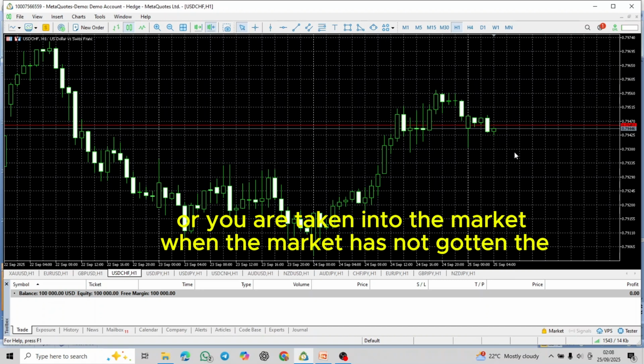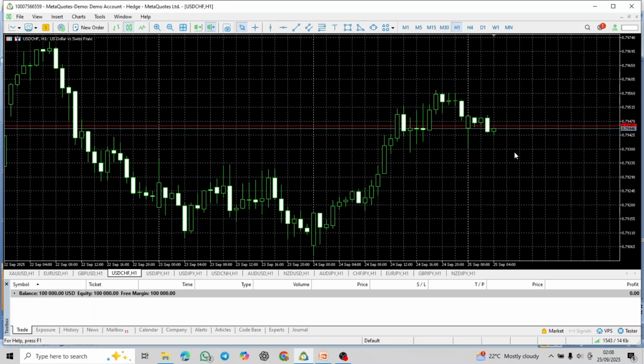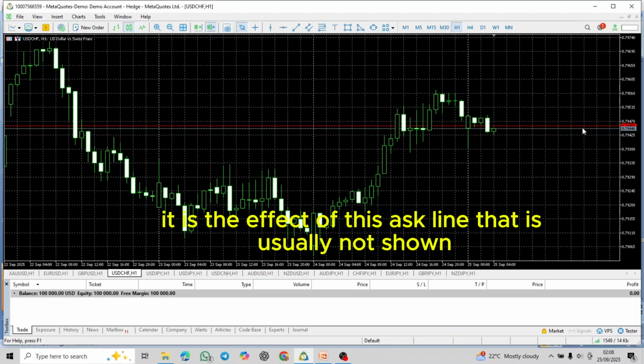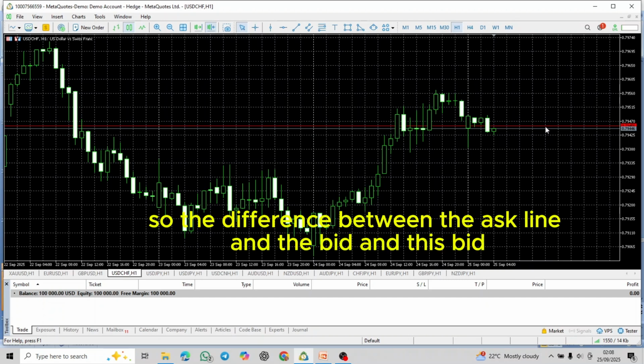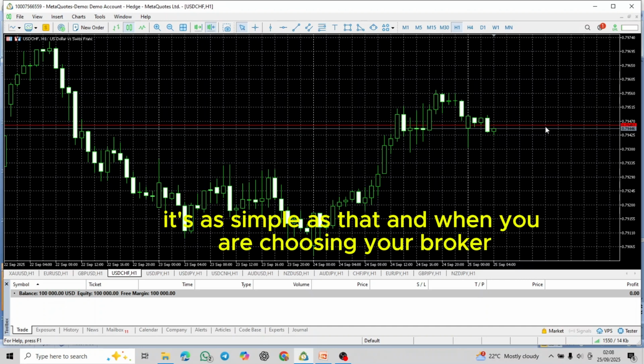It is the effect of this ask line that is usually not shown. So the difference between the ask price and the bid is what is known as spread. It's as simple as that.